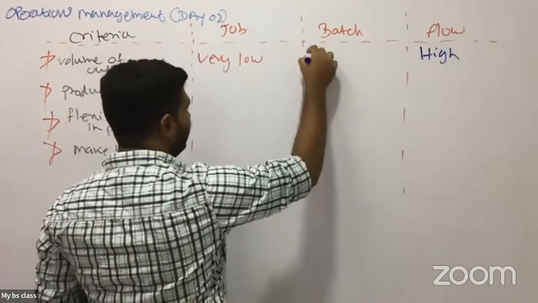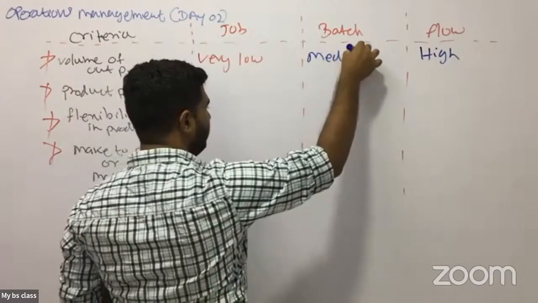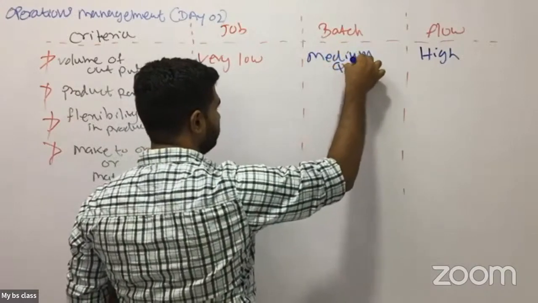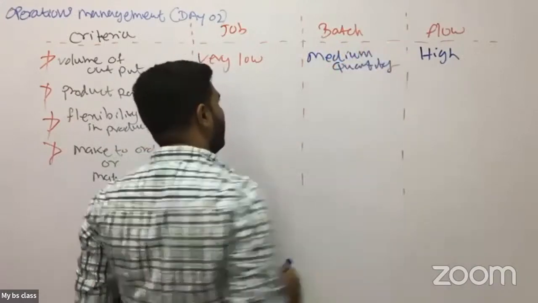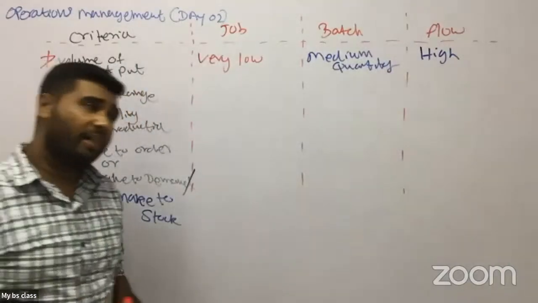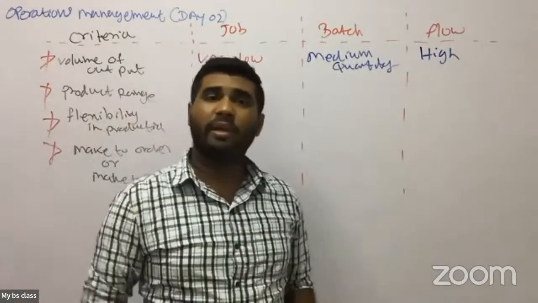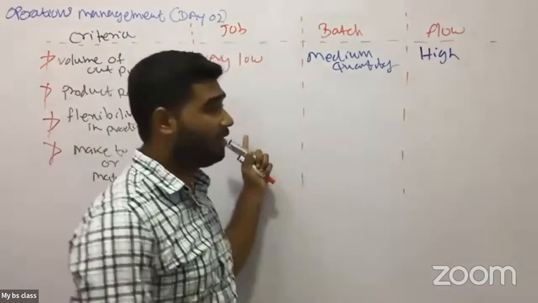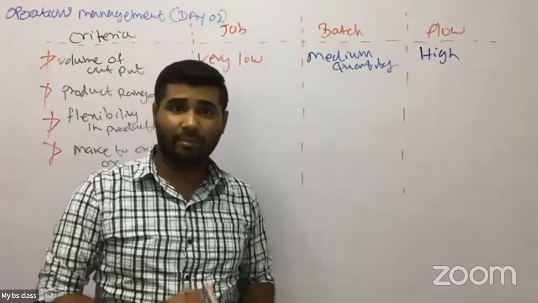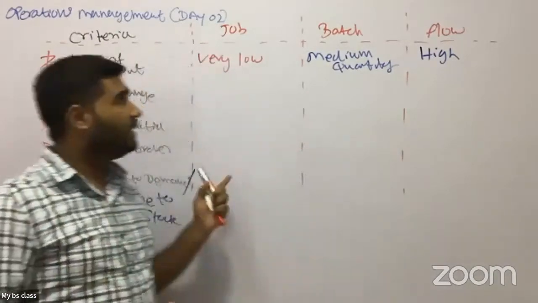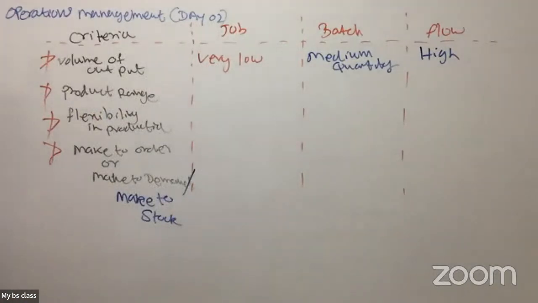So I would say medium quantity. Right, medium units 50ක් වෙනක් පුළුවන් 100ක් වෙනක් පුළුවන්, but surely එකට වඩා නම් වැඩි. ඒක තමයි අපි කියන්නේ batch production එක කියලා. So very low, medium quantity and high.